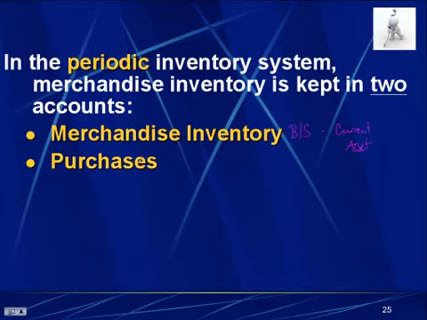There is also another account called purchases, and this goes on the income statement. For merchandise inventory, there's going to be a beginning inventory and an ending inventory. Beginning inventory is what you start with at the beginning, and ending is what you have left after you do your physical inventory.